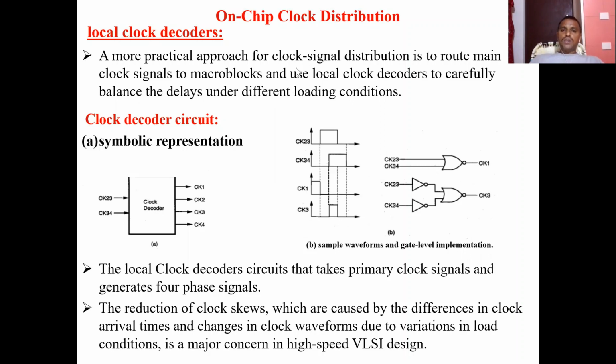So what is this point here? A more practical approach in clock signal distribution is to route the main clock signal to the macro blocks. Suppose I consider this one here, the main block.